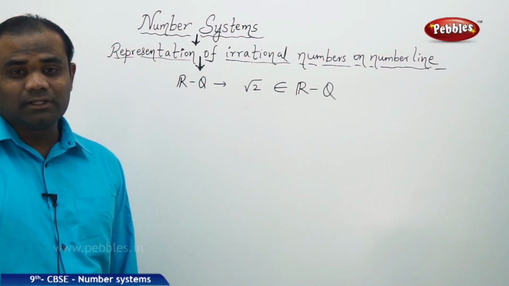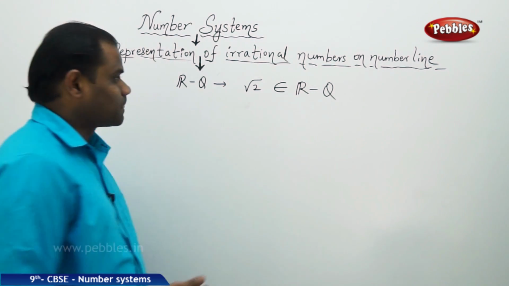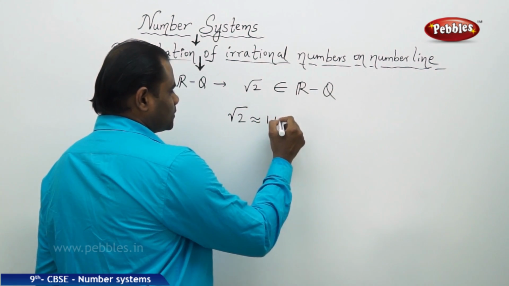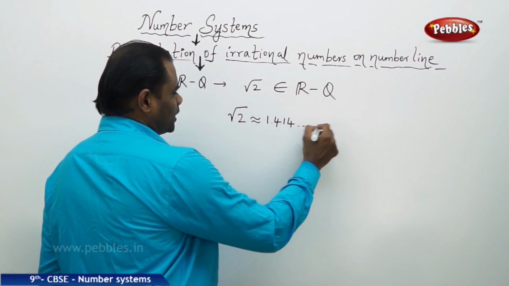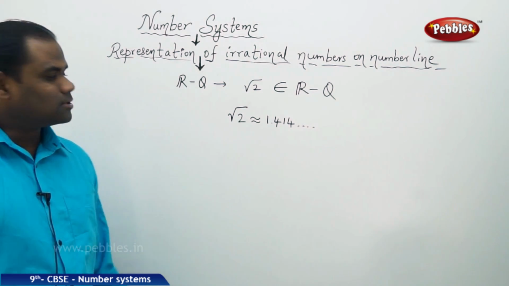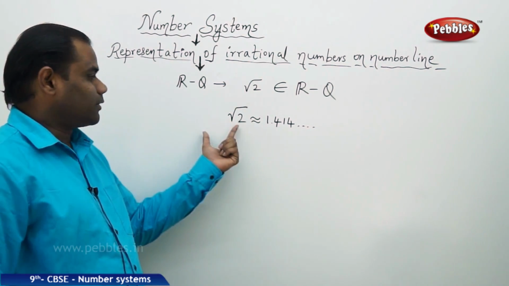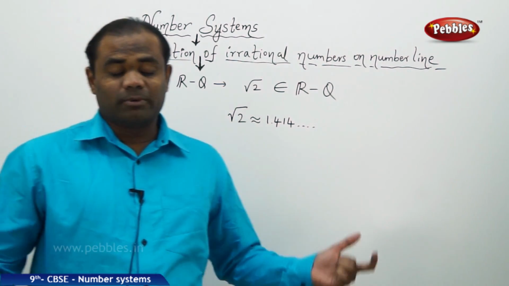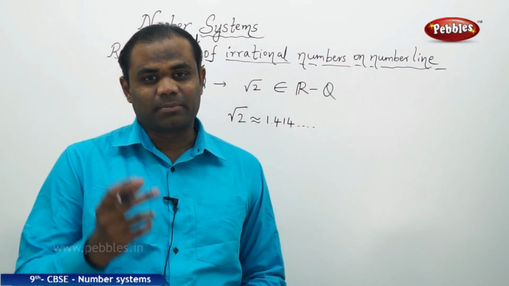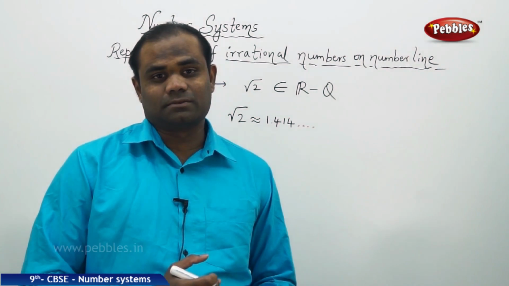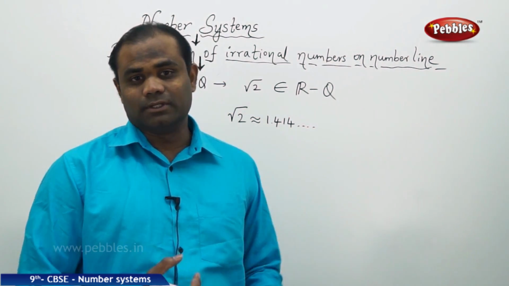When I convert this into decimal representation, we know that root 2 is approximately 1.414 and so on. Because this is not an exact number, even in its decimal places, we will use some geometrical construction methods to represent root 2 on the number line through the exact distance. Let's see how we can do this.